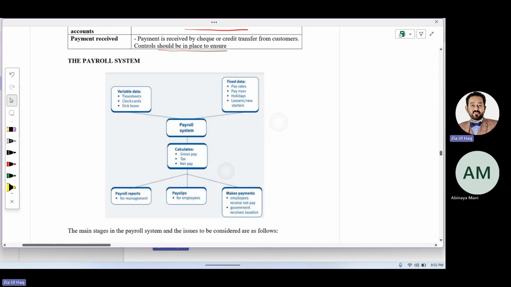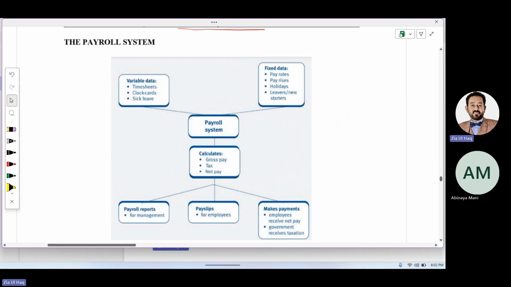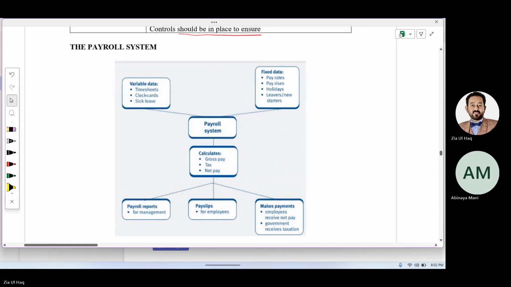Okay, now we are going to discuss the payroll system, or wages system. There should be time sheets recording the hours the employee works. That is, the start time, which is called clock in, and the leave time, which is called clock out.